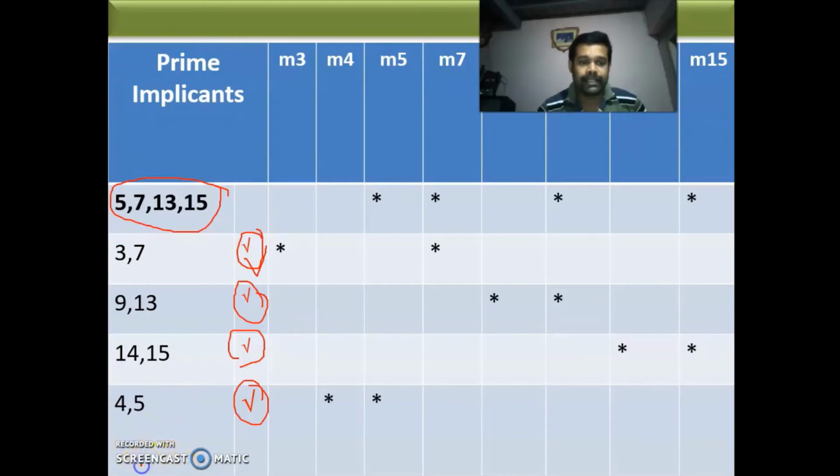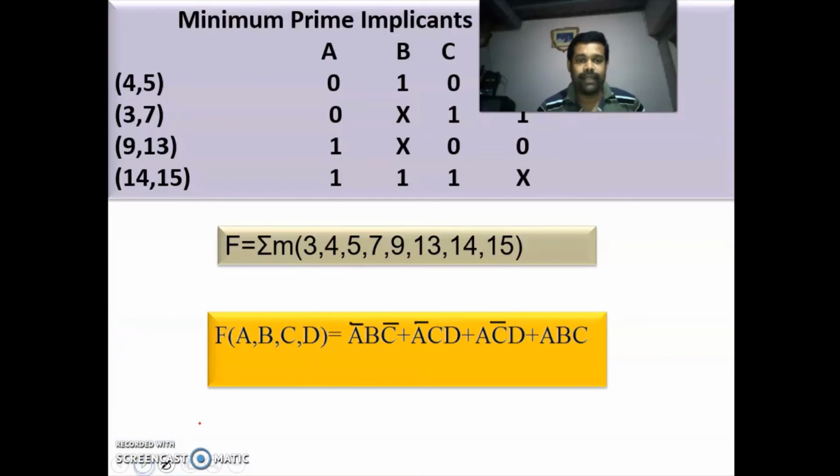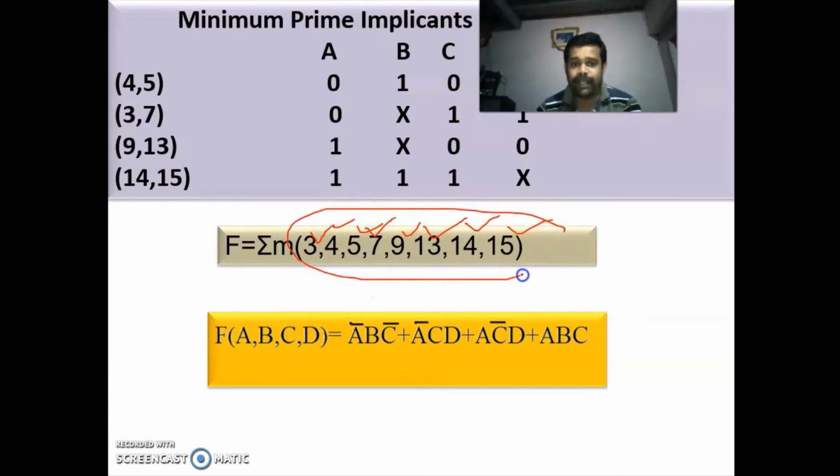After completing this step, we have to check the question. The pairs which are ticked are 3 7, and 3 7 is present in the question. Then 9 13, okay. Then 14 15, okay. Then 4 5, okay. Now all the min terms are coming in that set.